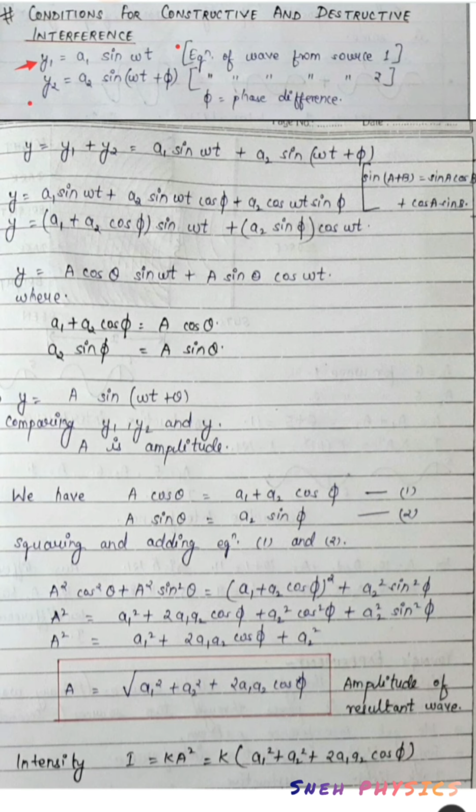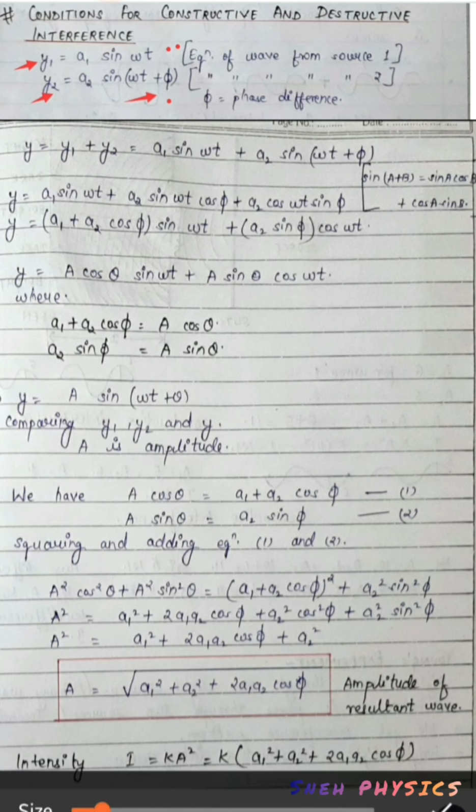Now we have another equation of displacement, y2 equals a2 sine omega t plus phi. In the earlier equation we had only omega t, not anything else added to omega t. So why is phi present here?